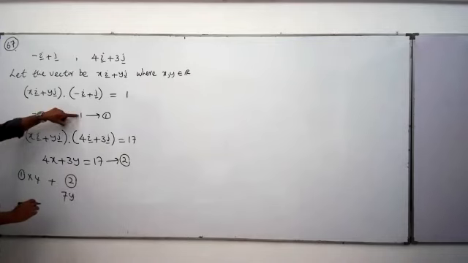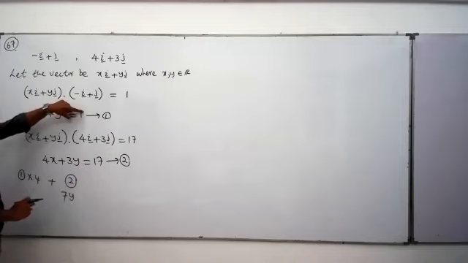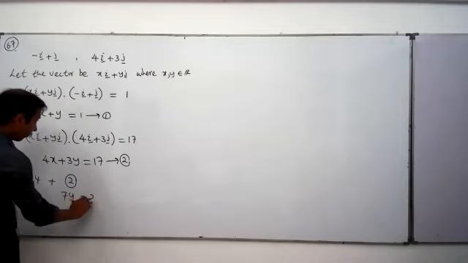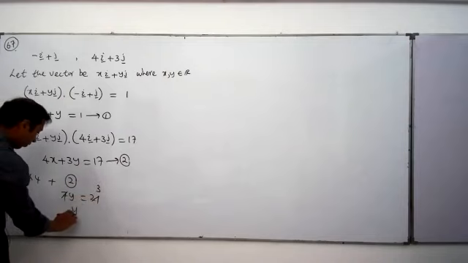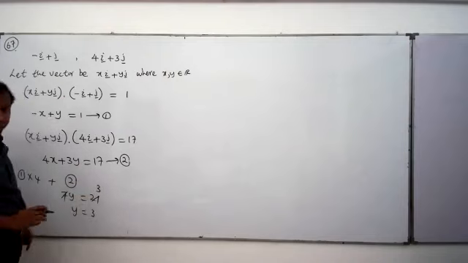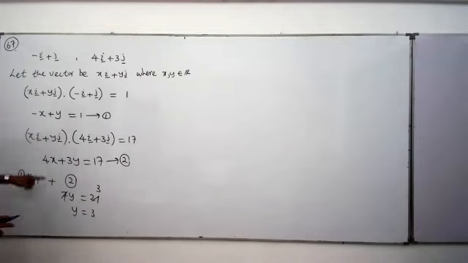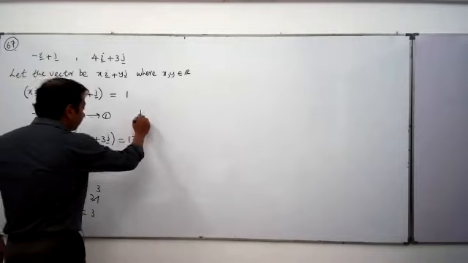Now come to the right hand side. This is multiplied by 4. Then 1 into 4 is 4. Plus this 17, it's 21. Then cancelling by 7, we get y is 3. We found y. Put that y here, take this right hand side.